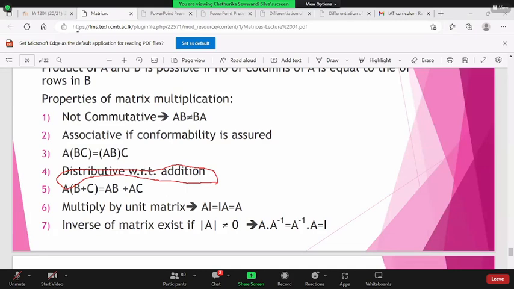So normally we find the inverse by how? We divide the adjoint by the determinant. Inverse එක හොයන්න මොකද කරේ? Adjoint matrix එක හොයලා තමයි determinant එකෙන් බෙදුවේ.